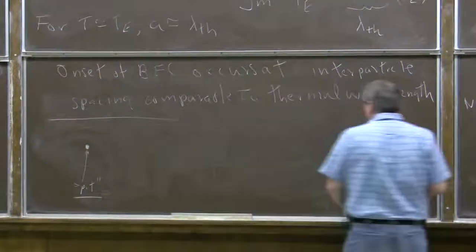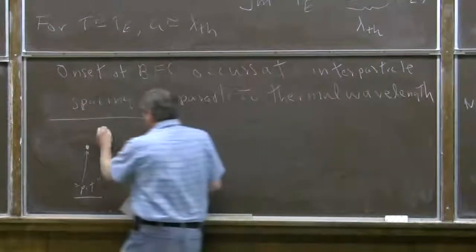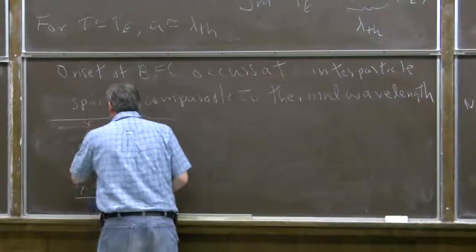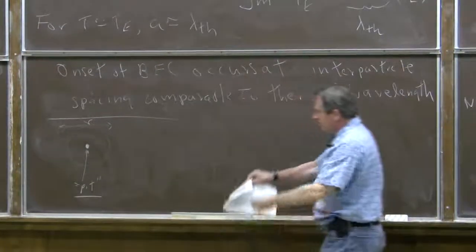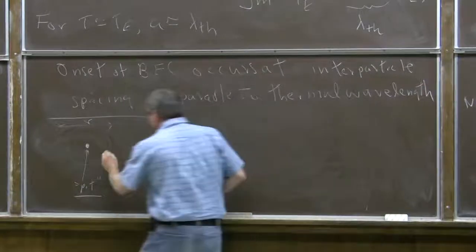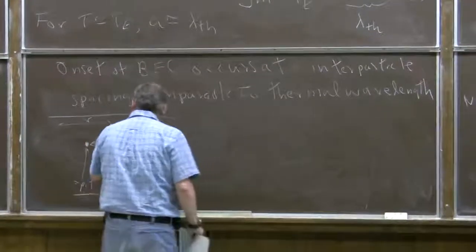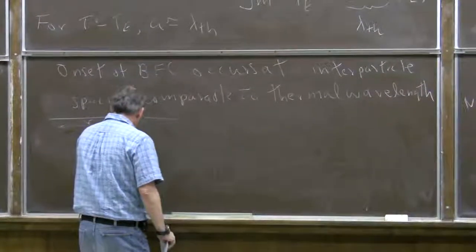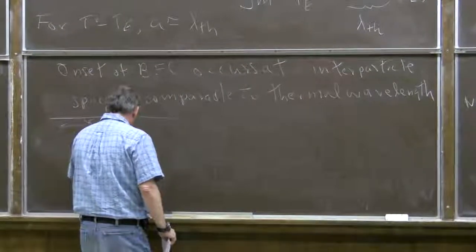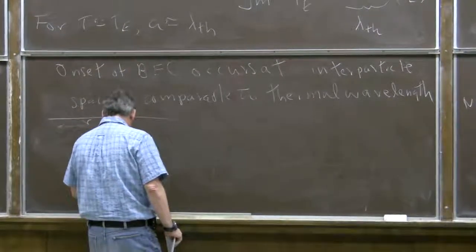So let's see, what is that ratio of R, the size of the ball of gas, to, I'll call it delta x, equals width of ground orbital.